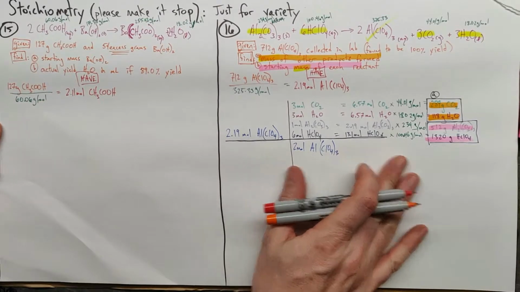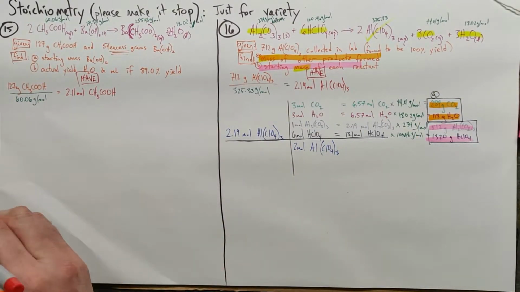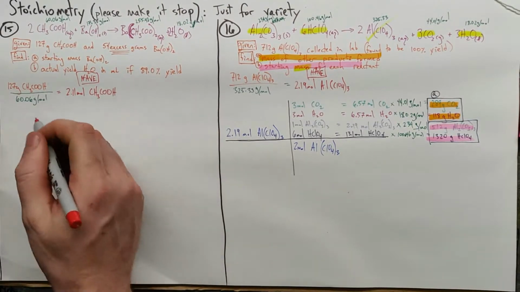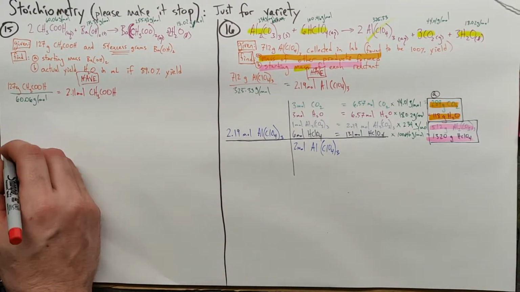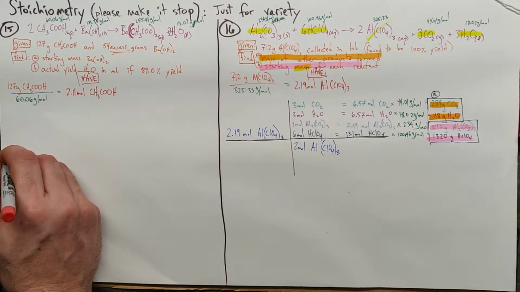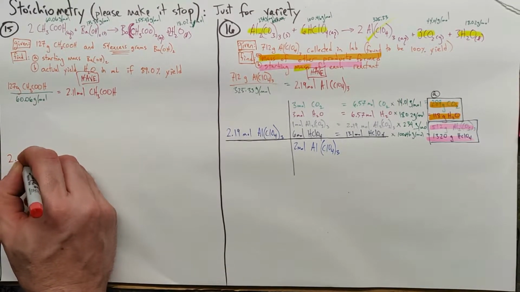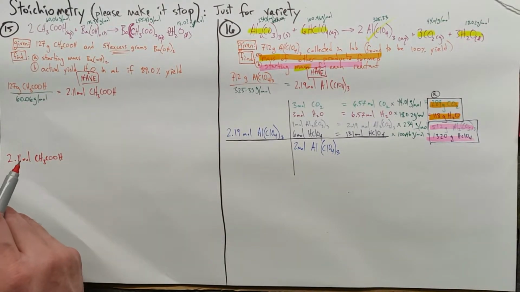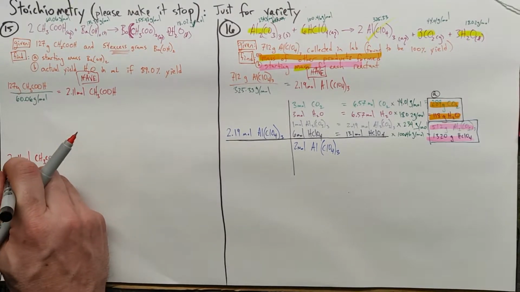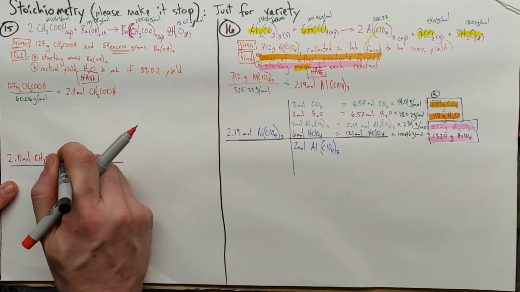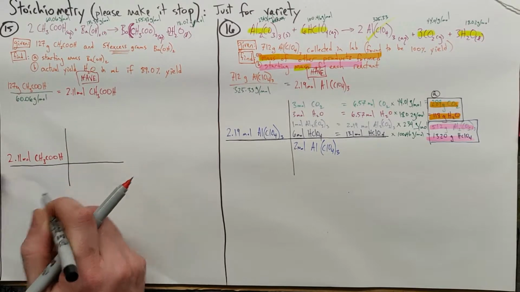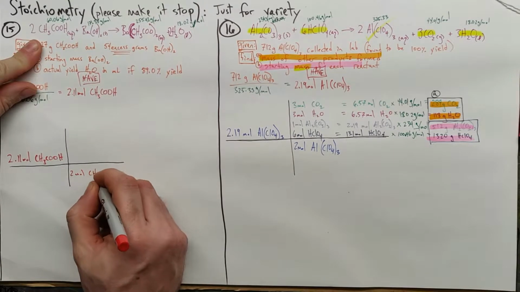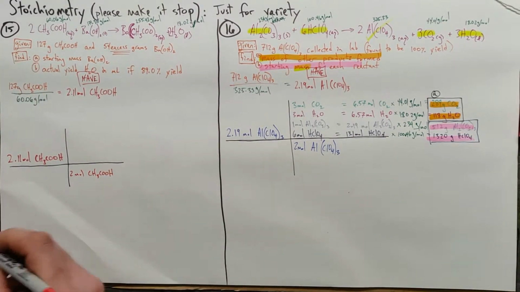Similar to this problem, I want some more space so we don't have to smush our font. This is a reactant, so I'm going to stick with the red color as we do this. And I'll write it over here. We don't need a ton of space, but I do want to set things up in a certain way. 2.11 moles CH3COOH. It is the night for markers falling apart. Okay, we know that for every 2 moles of acetic acid, what do we want to know about?